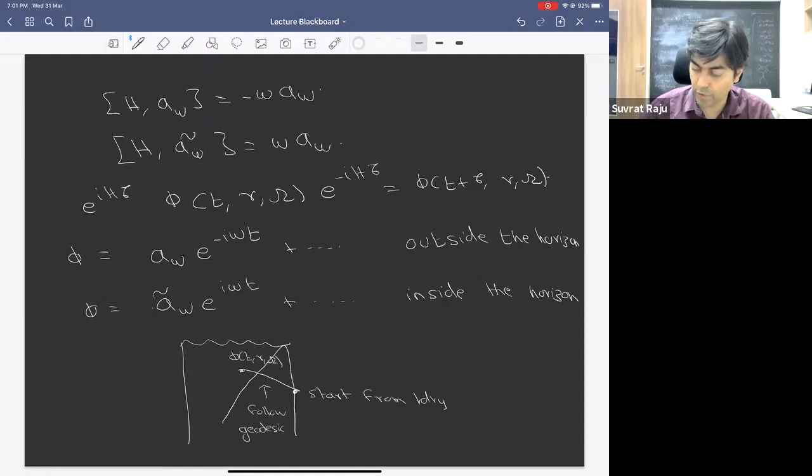This is what we would call a gravitational Wilson line, which we discussed a few times in the course. You follow a geodesic in the bulk for a certain length, and at the end of that geodesic, you measure the value of the field.